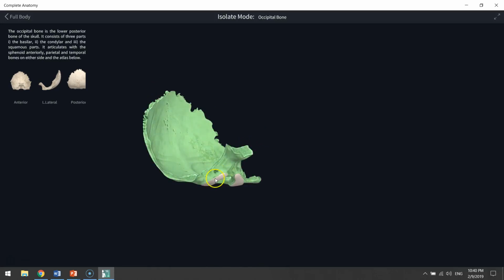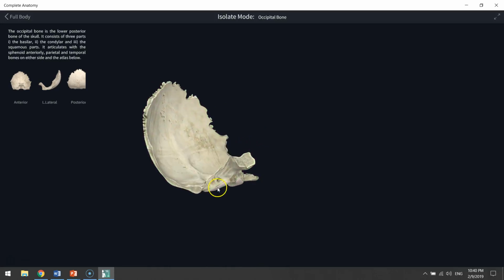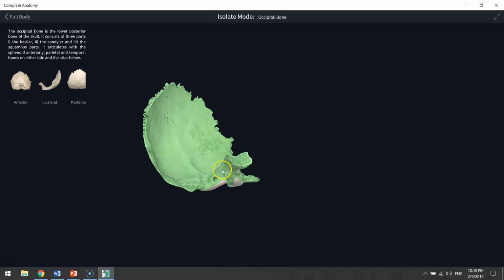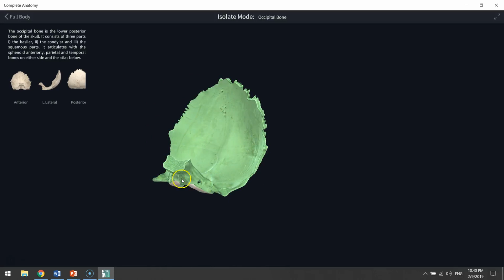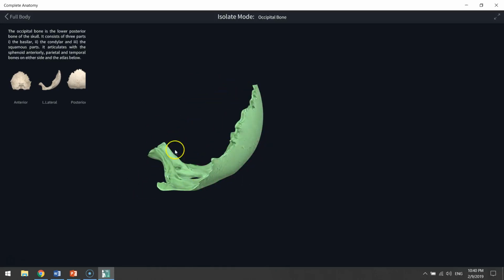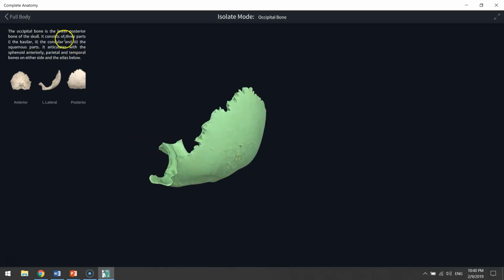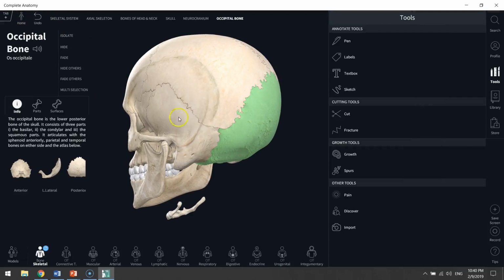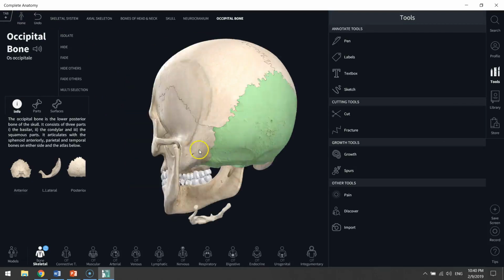Lateral to the condyles are seen the internal jugular veins as they pass through the jugular foramina. The occipital bone also articulates with the sphenoid bone midline. This is the occipital bone.